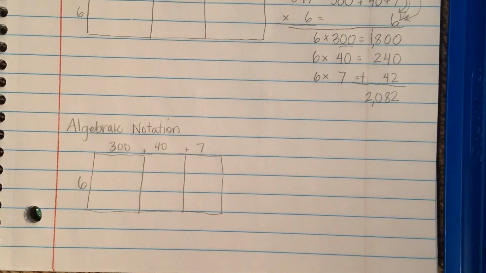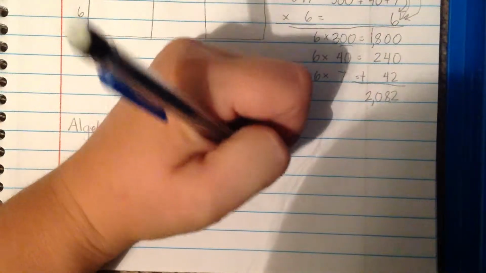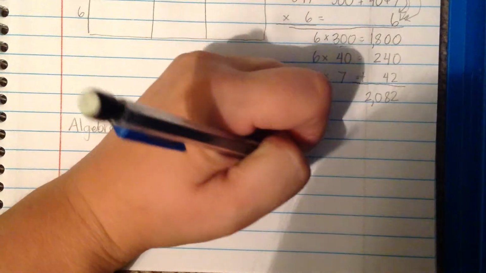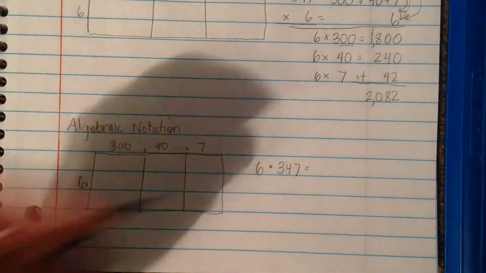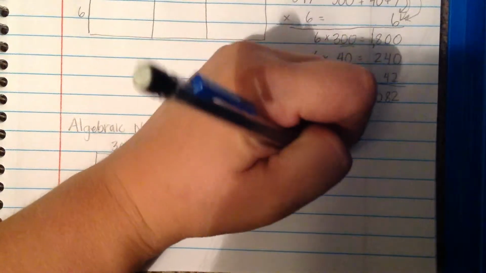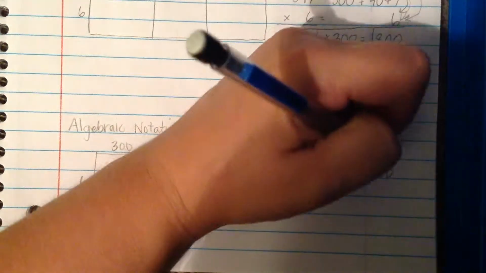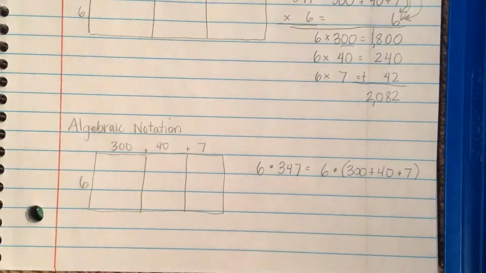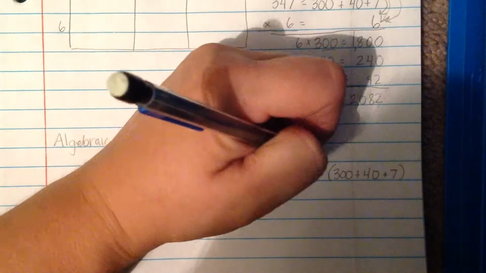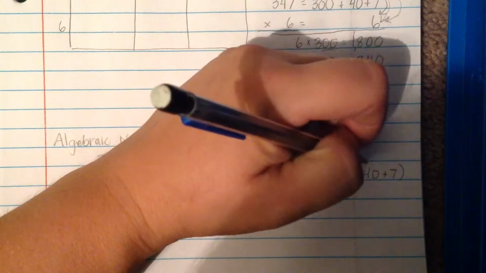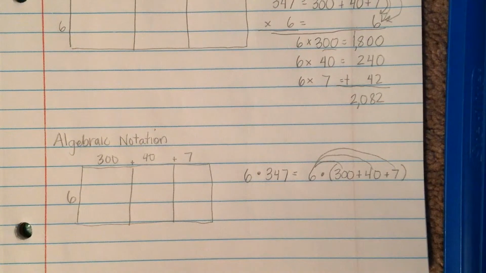My multiplication problem was 6 times 347 equals. Remember, now I'm going to decompose my number. So I have 6 times, in parentheses, 300 plus 40 plus 7. And the distributive property tells me that I'm going to take the 6 times 300, the 6 times 40, and the 6 times 7 down below.